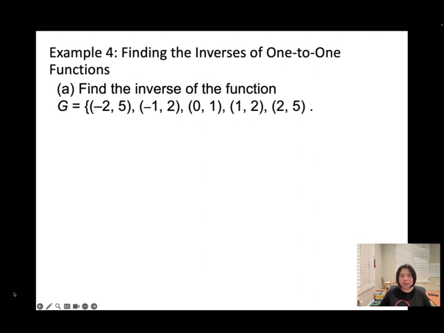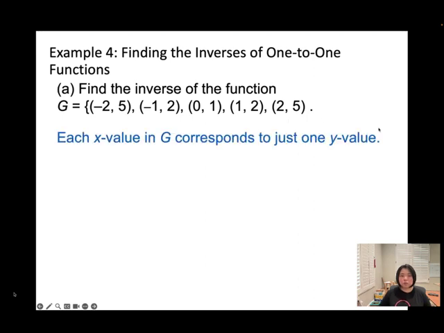Example 4, finding the inverse of one-to-one functions. Find the inverse of the function. We have the set g and all the pairs here. If we want to find the inverse function, first we need to make sure this is a one-to-one function. Each x value in g corresponds to just one y value.